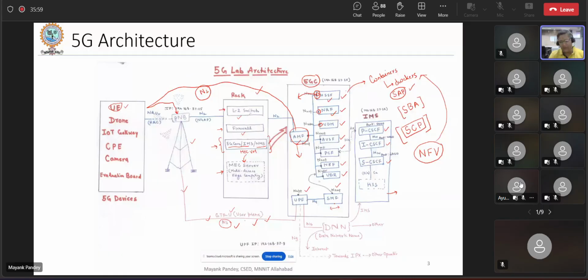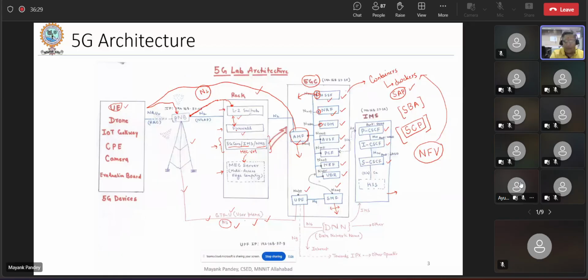Now, in reality, when I show you the connection between the gNodeB and our 5G core, you'll find that a cable is going, I'm drawing this cable, from the gNodeB to our L2 switch. Via the L2 switch, there is a firewall connectivity, and from the firewall, it is going to the 5G core.